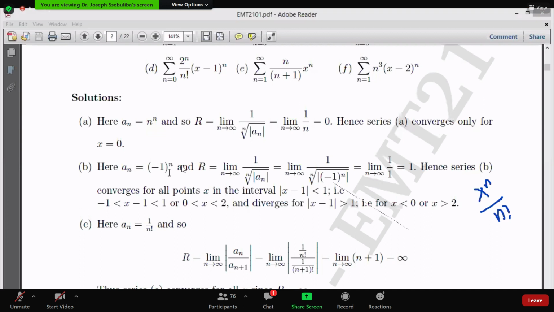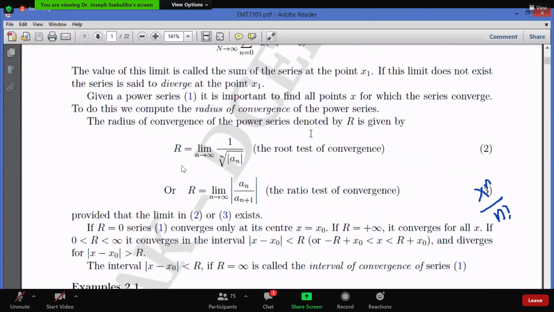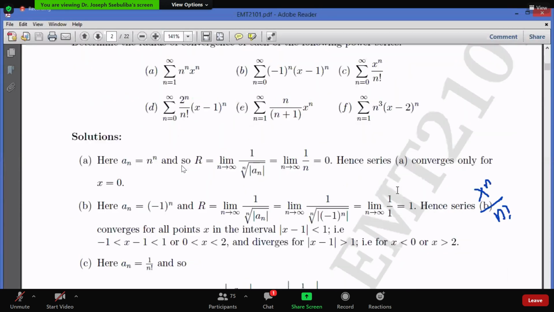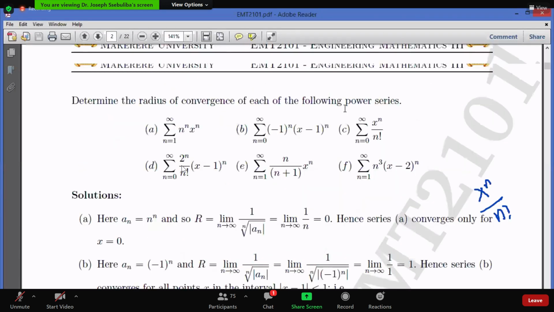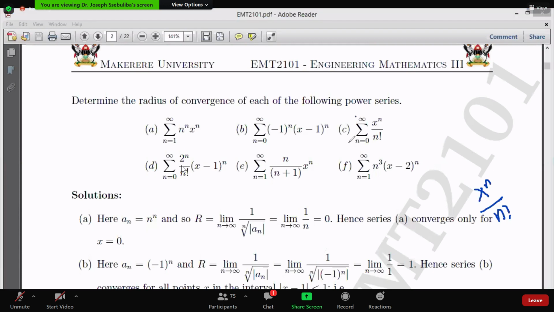Just to go back briefly in our definition. Here, we said if R is equal to this, you can use the root test, and if it is of that form, you can use the ratio test. So in this case, under C, since the question given here, this question here, is a ratio, we can now use the ratio test.